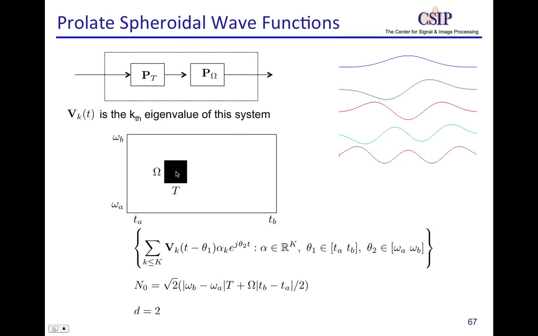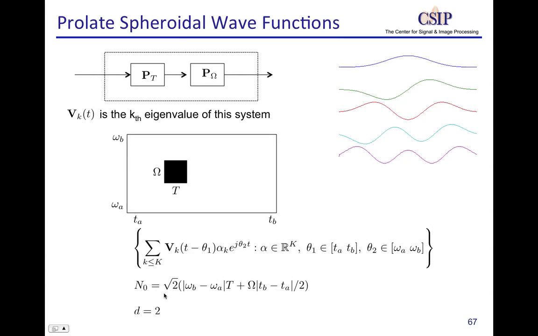And you can estimate how much of that signal you can account for by the eigenvalues of the system. The first few eigenvalues are very close to 1, and as those decay away to 0, you know that you're reaching diminishing returns, and you don't need to use a k much larger than that.